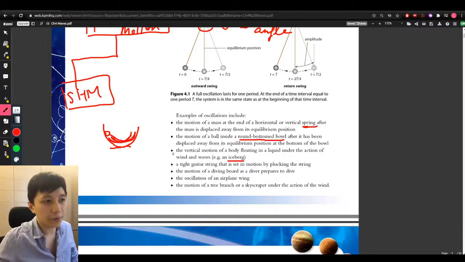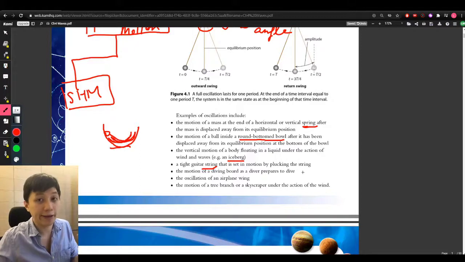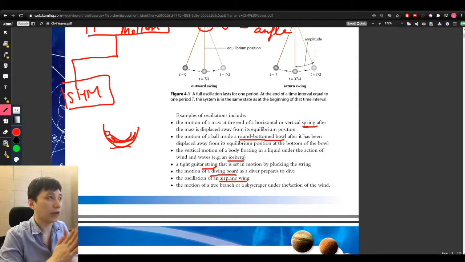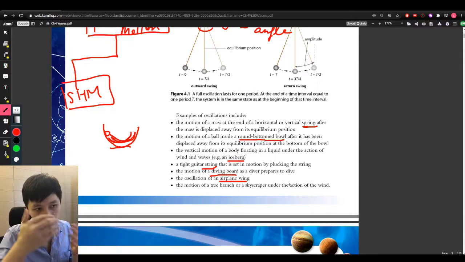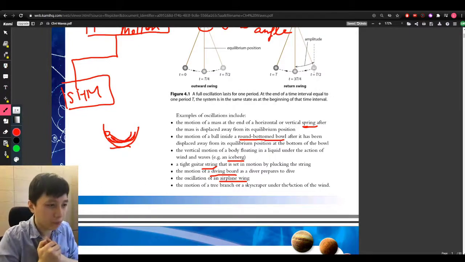The next thing could be any kind of string instrument that you play. Could be a guitar, could be a violin, etc. And of course, when they are making a sound, it's because of their vibration, and vibration itself is a periodic motion. And that is similar to the diving board. When someone jumps from it, it will also oscillate, as well as the airplane's wing, because if you think about it, there is wind going to the airfoil, then it actually will also oscillate under strong wind or thunderstorm.